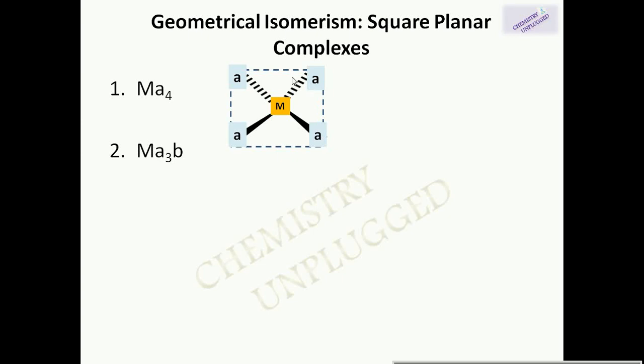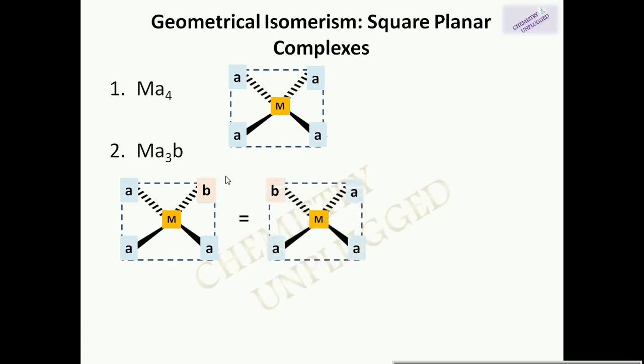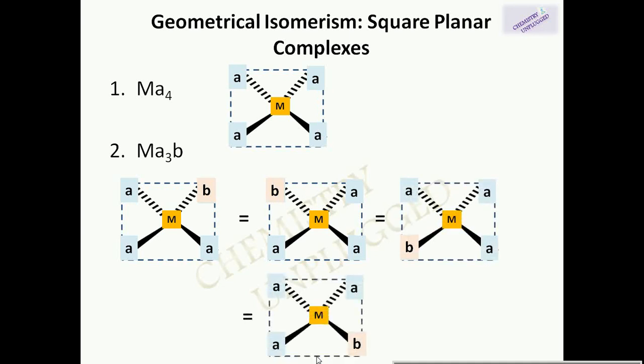Ma3B type. Three ligands are the same and one is different. Suppose this B occupies this position, and if we change its position from this to this, and then from this to this, all these positions are the same, there is no change.